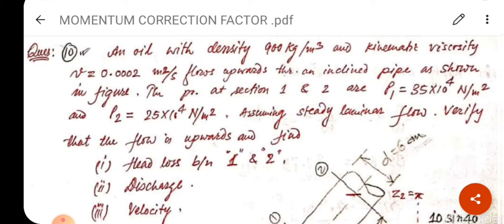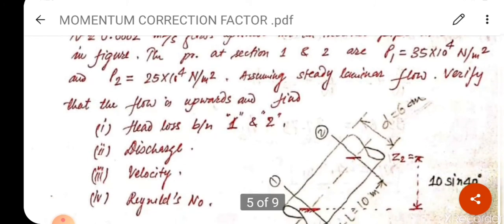Nu is equal to 0.002 meter square per second, flows upwards through an inclined pipe as shown in the figure. Okay? This is the inclined pipe. See the diagram. The pressure at section 1 and 2 are P1 is equal to 35 into 10 raised to 4 Newton per meter square, and P2 is equal to 25 into 10 raised to 4 Newton per meter square.